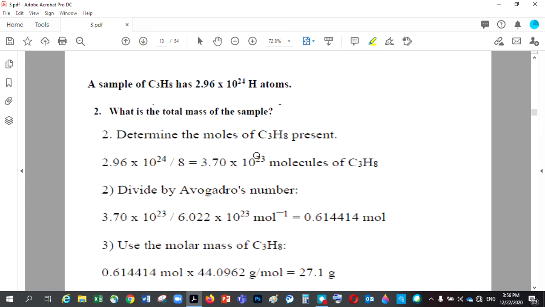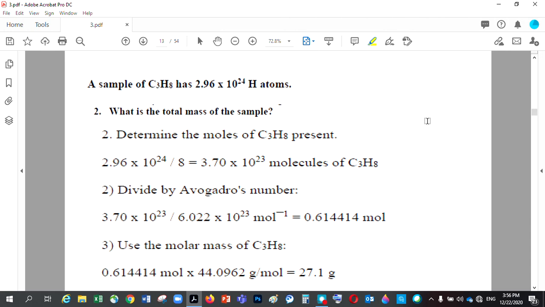Okay? Now, a sample that has 2.96 times 10 to the power 24 atoms. What is the total mass of the sample?